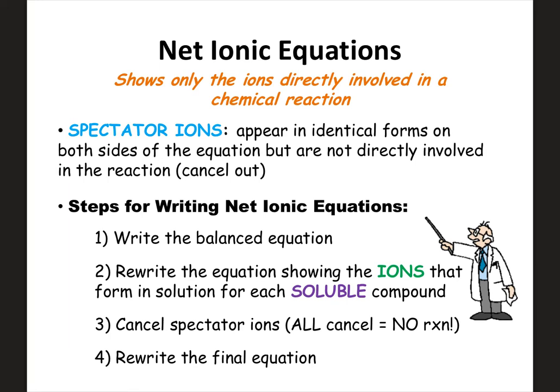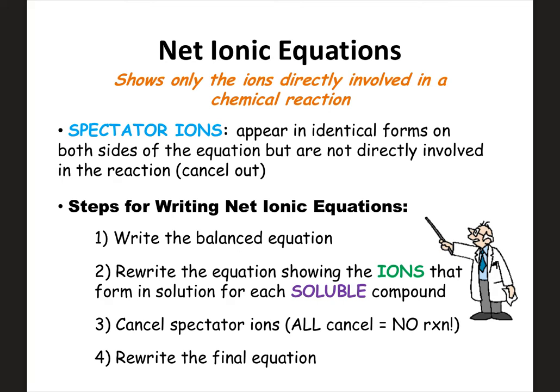So here's the basic steps for writing a net ionic equation. The first thing, you need the balanced equation. So you know you need to be good with writing and balancing equations, maybe predicting products here. You need to still do that, all right? But then you would rewrite the equation showing the ions that form in solution for anybody that's soluble. So you will need to use solubility rules here in your balanced equation.